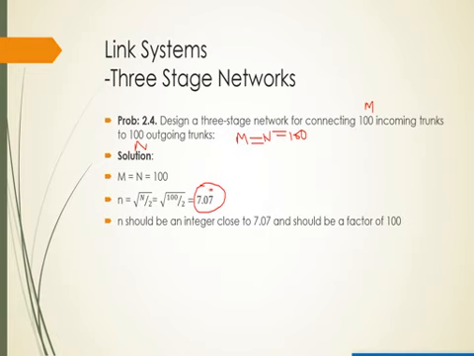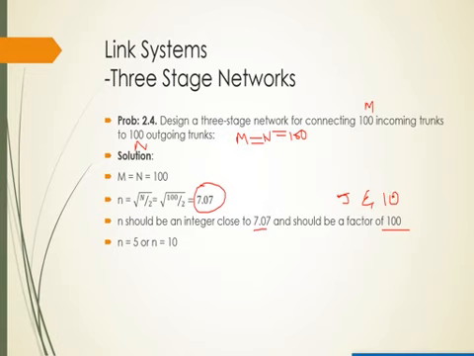I should have n as an integer value close to the value obtained, and it should be a factor of 100. The close values to 7.07 that are factors of 100 are 5 and 10. So these are the two values which are possible.